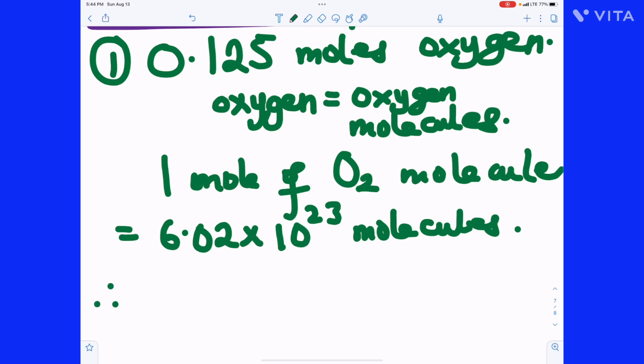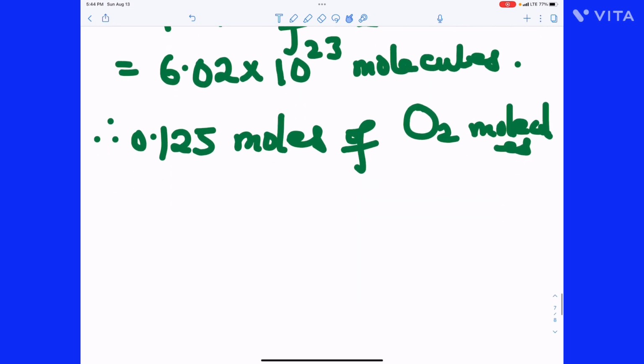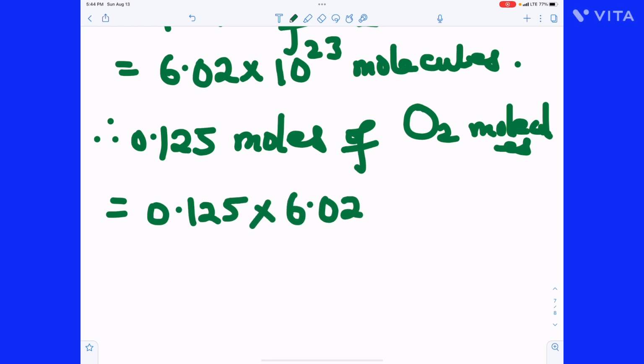So that means 0.125 moles of oxygen molecules will contain 0.125 times 6.02 times 10 raised to the power 23 molecules of oxygen.